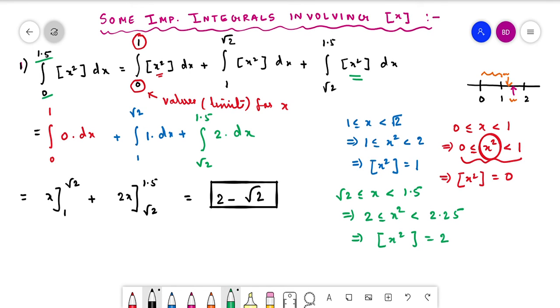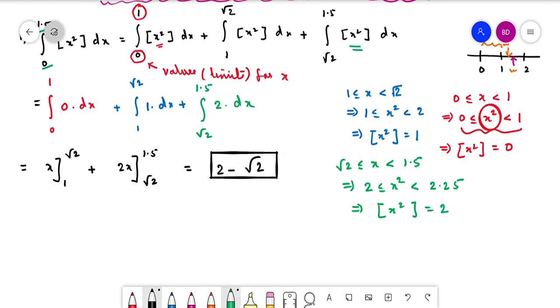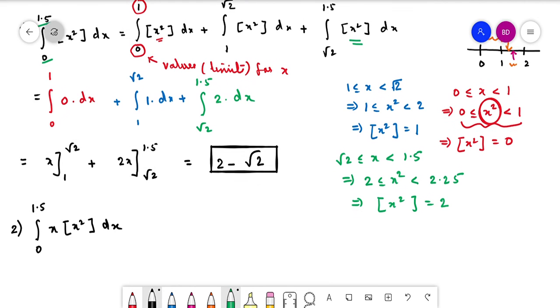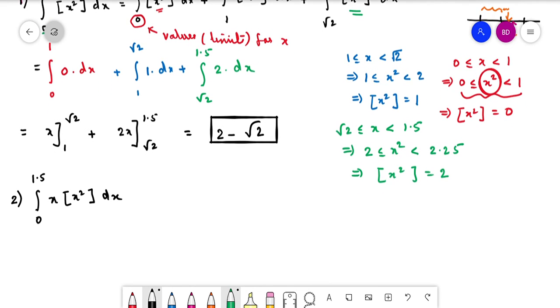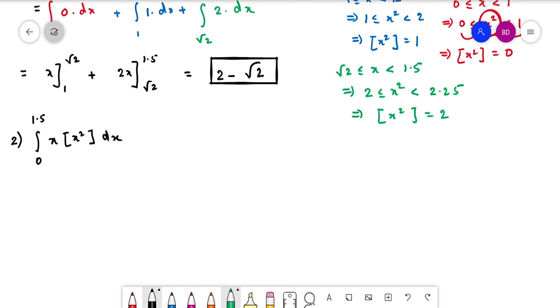Now we will calculate a slight variation of the same type of integral. This time we want to calculate 0 to 1.5, not only box x square, but the product of two functions, x and box x square, dx. We will proceed similarly, just like we did in the previous case.